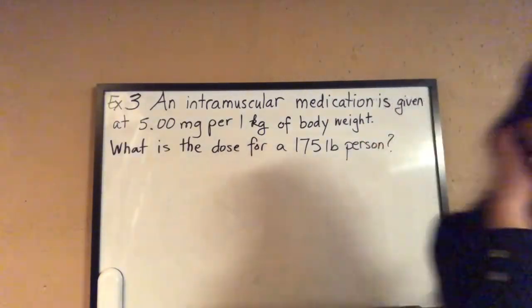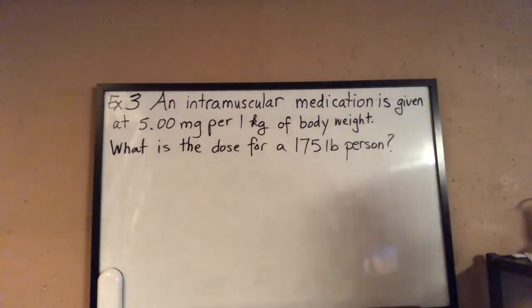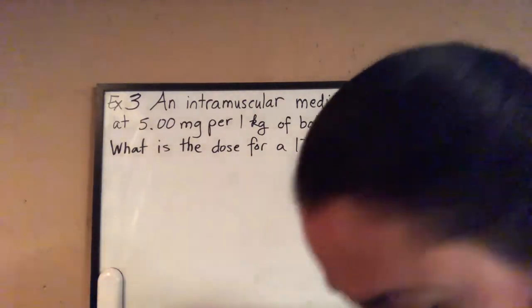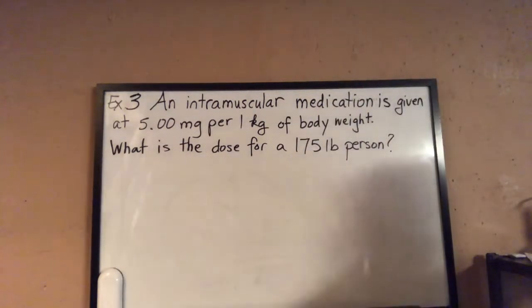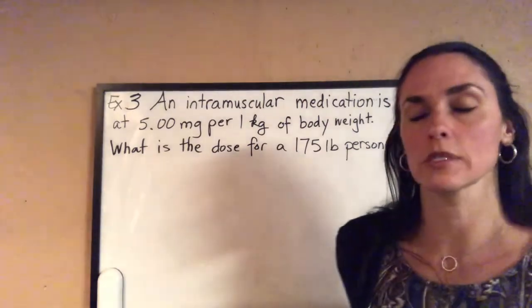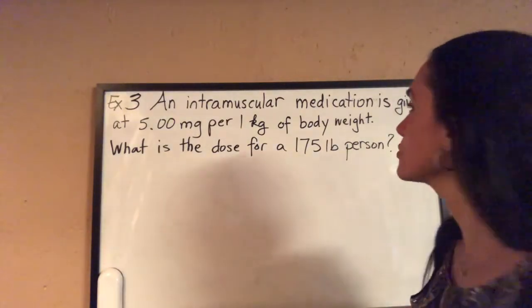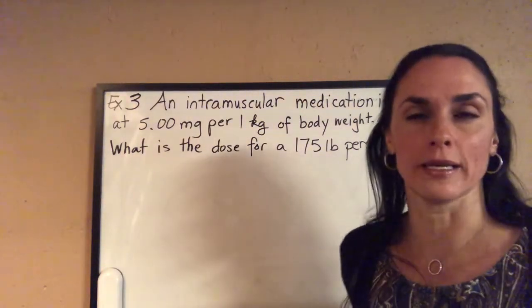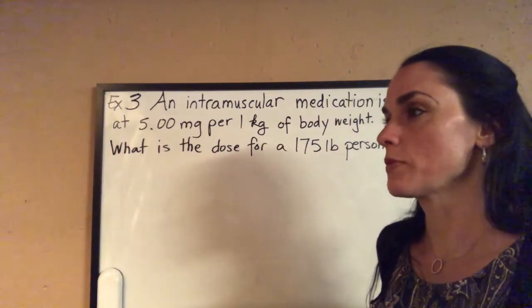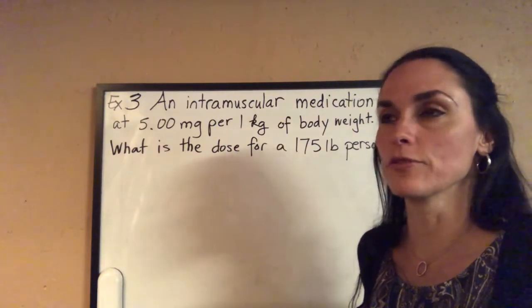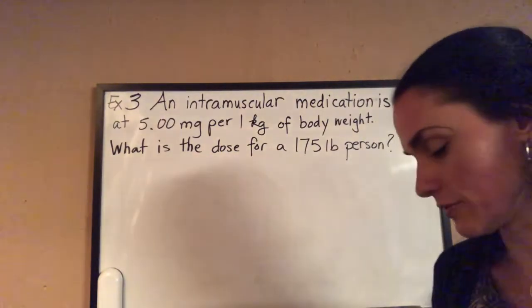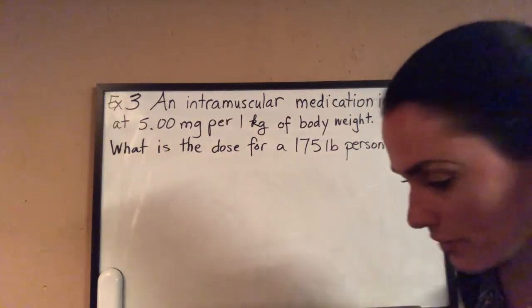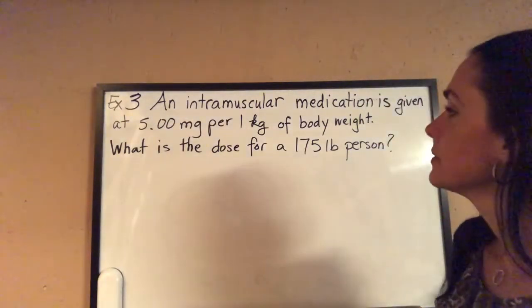An intramuscular medication is given at 5 milligrams per 1 kilogram of body weight. What is the dose for a 175-pound person? First of all, intramuscular medication is something like an EpiPen, where the drug is delivered through a muscle. For the EpiPen, it's delivered through the quadricep muscle in the thigh.